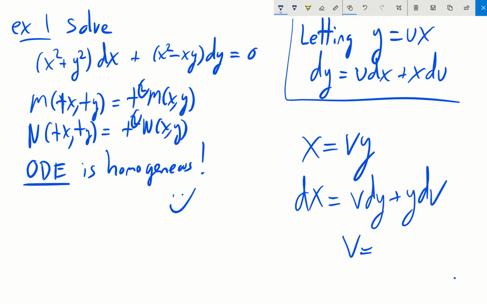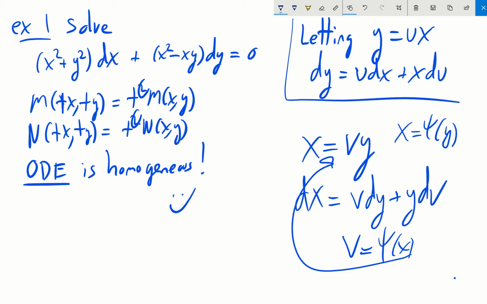You would solve for the function v. You would hope to find a solution v, let me call it psi of x, and then the overall solution would be x equals psi times y, where v is a function of x, by the way.